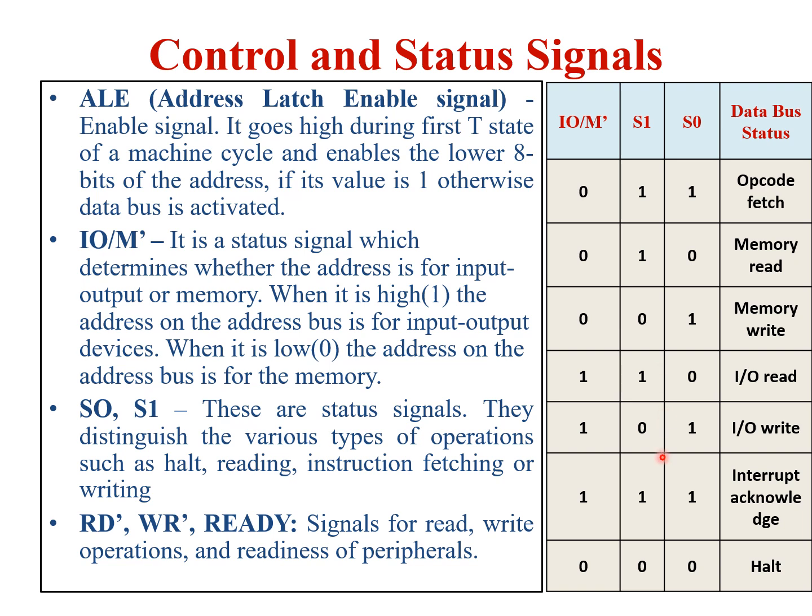Similar to this, we have IO read and IO write. When all the pins are 1, it is denoted as an interrupt acknowledgement. When all the pins are 0, it represents that the microprocessor is in halt state. These operations are denoted in the right hand side table.